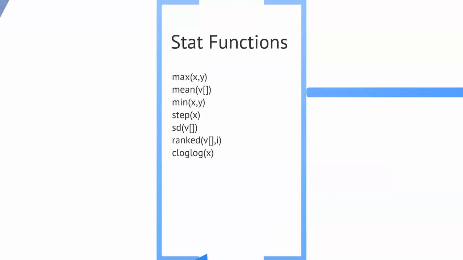In terms of statistical functions, we can see maximum, minimum, mean, step function, standard deviation, cloglog, and rank. We can find the order statistic using this rank function. For example, we could find the minimum and maximum using this rank function as well.